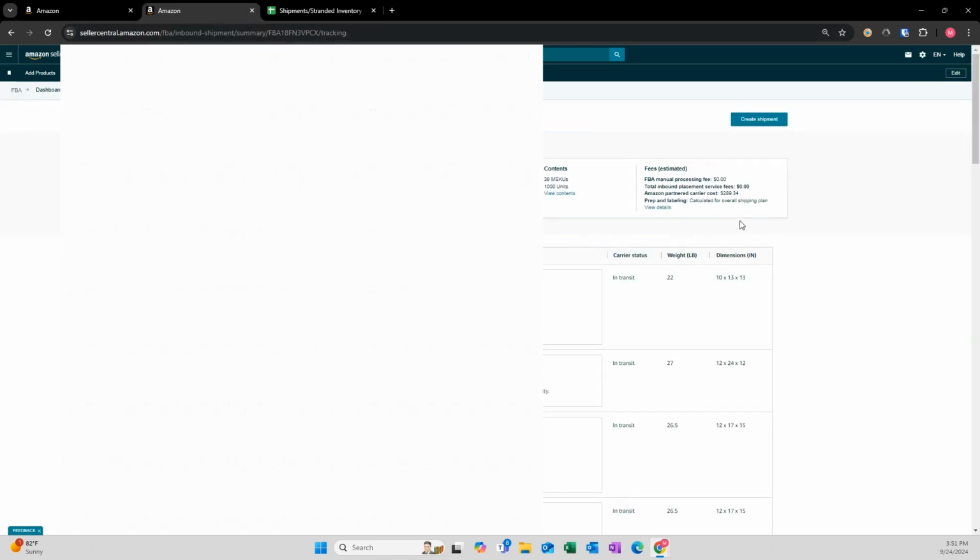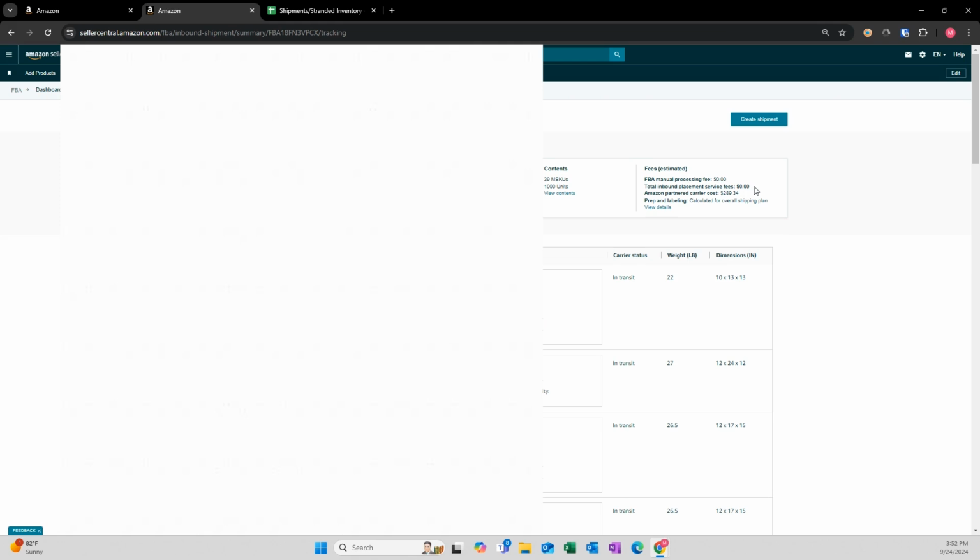Within your shipment summaries, you can take a look at what your total Amazon partner carrier cost is. So for this shipment, it is $289.34. And because we did Amazon optimized for this shipment, the total placement services were only $0.